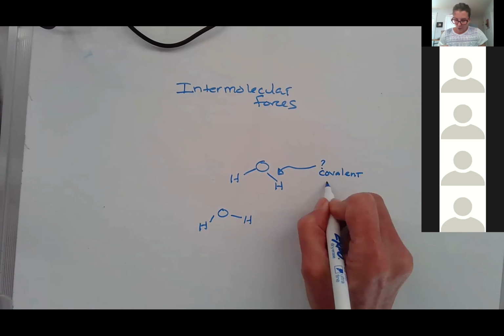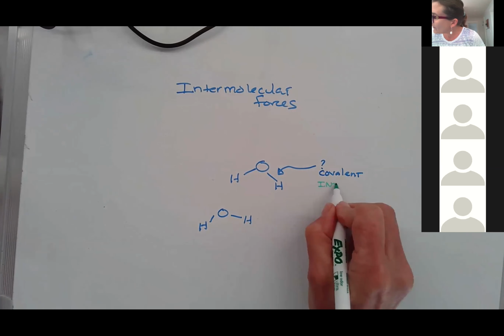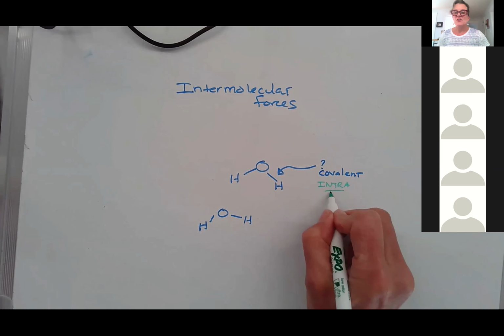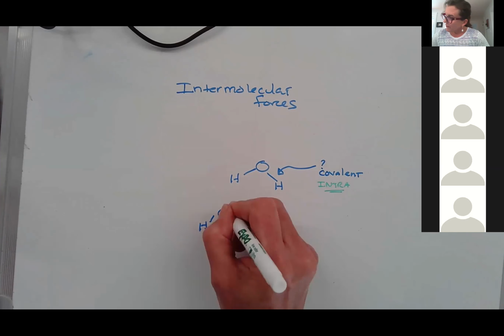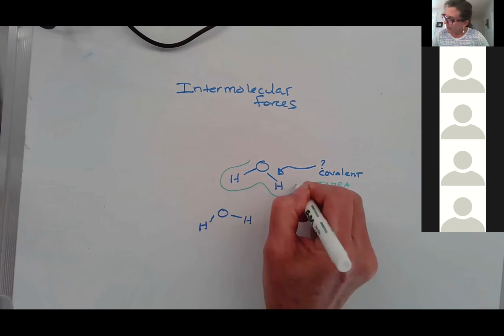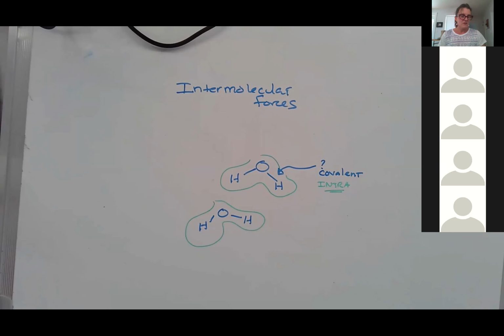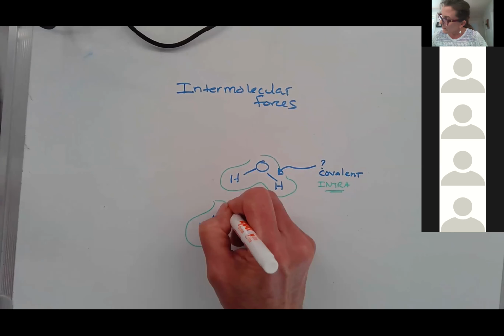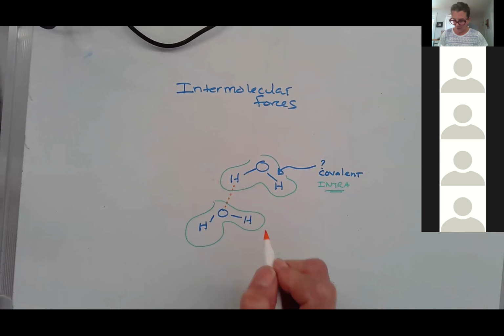Okay, so remember that is intramolecular. That's not what this chapter is talking about. Those are strong. What we're talking about is, I have one molecule here and I have another molecule here, and it turns out the molecules interact with each other. And so there are attractive forces between the molecules.